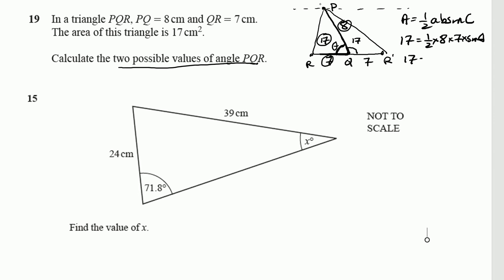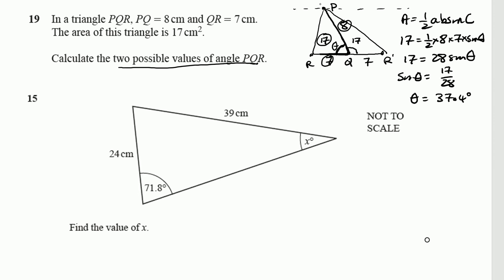So 17 is equal to 28 sine theta, and I can get sine theta equals 17 over 28, take the inverse sine of 17 over 28 and get an answer. The inverse sine of 17 over 28, that's equal to 37.4 degrees.